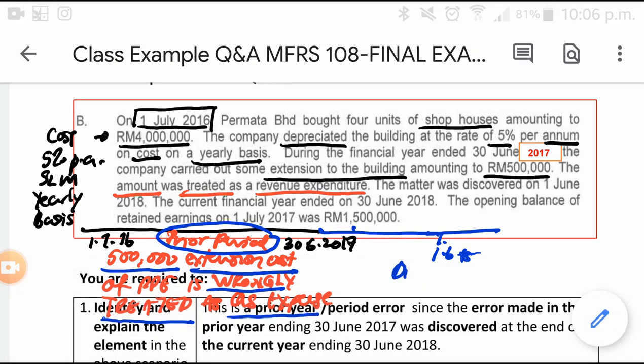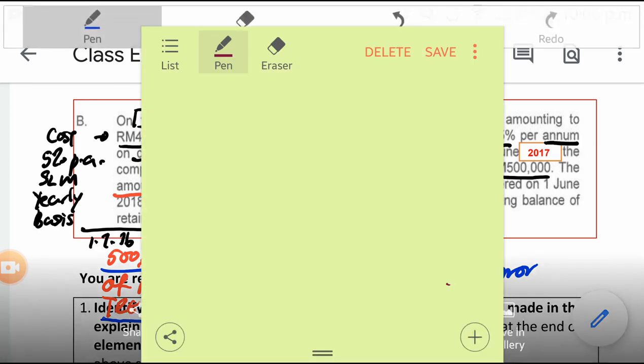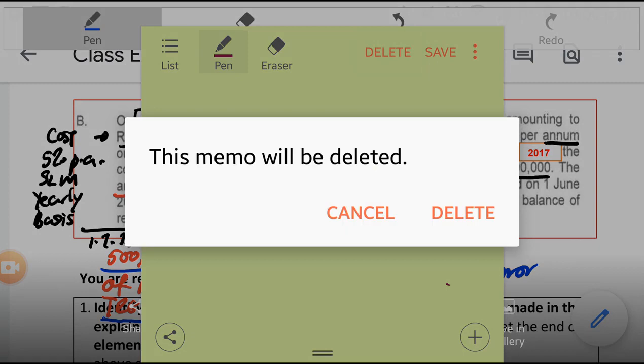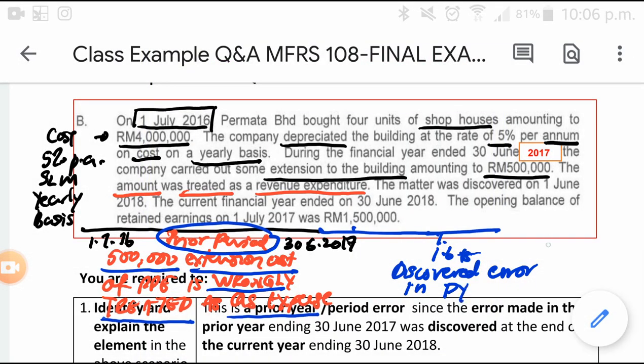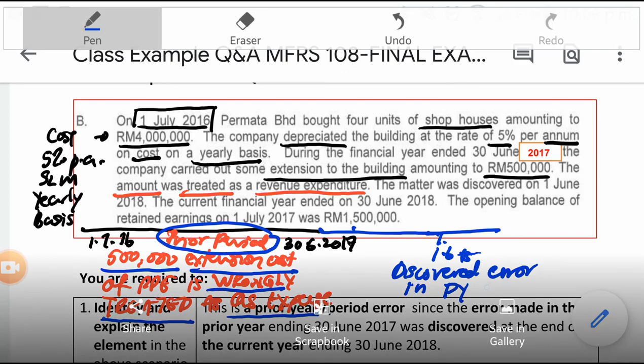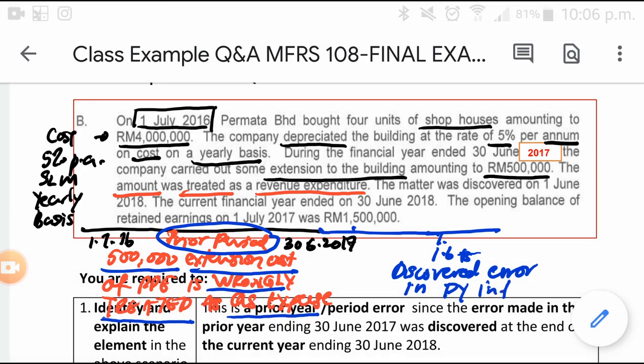So you discovered the error in prior year in the current year.